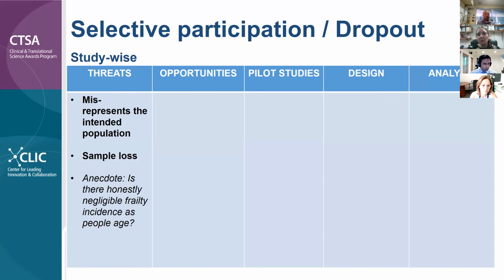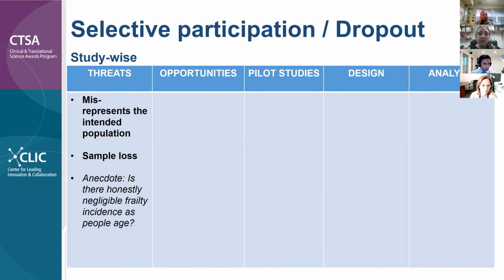Okay, so the first one, I imagine, is not a surprise to anyone, which is selective participation and particularly dropout in studies. The idea is that if older adults participate, perhaps it's the healthier individuals who may be participating, and dropout may occur as health worsens and/or the study is just too intensive.